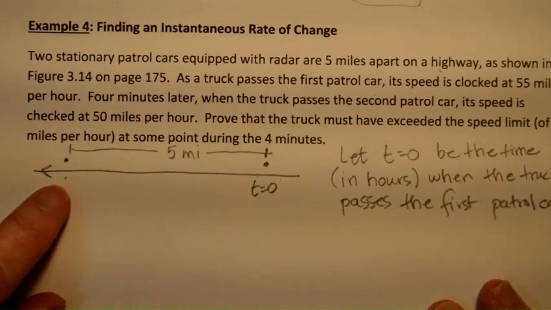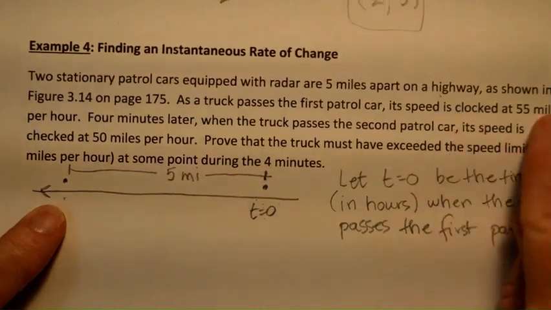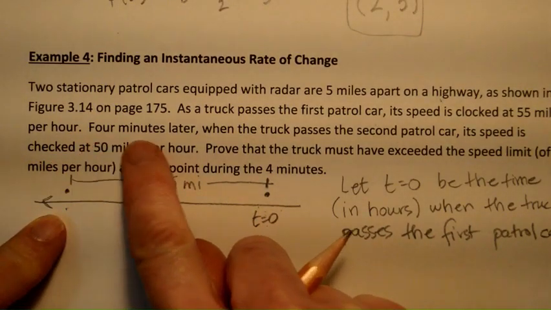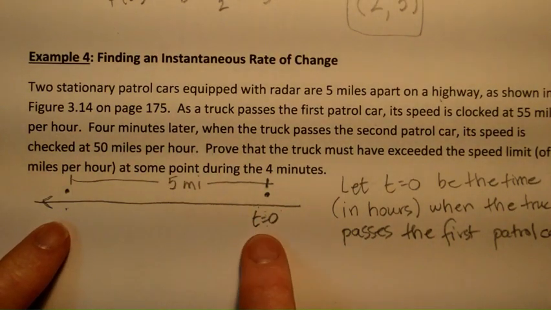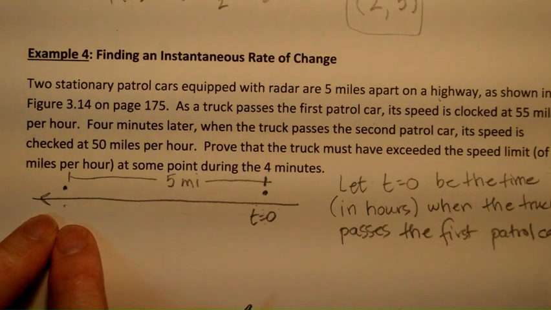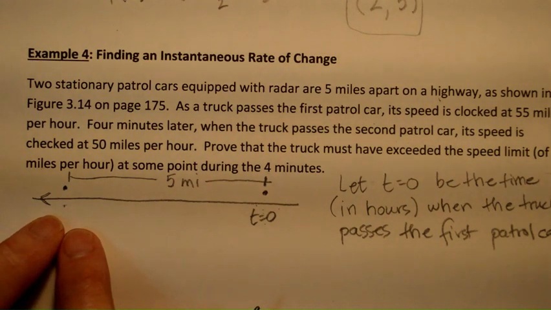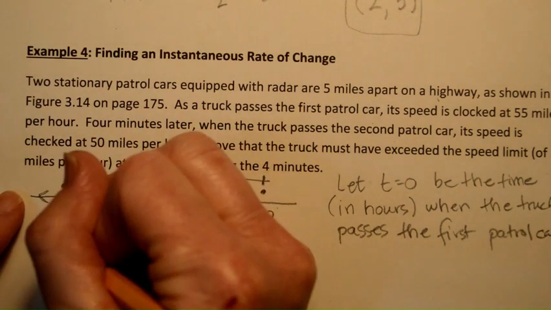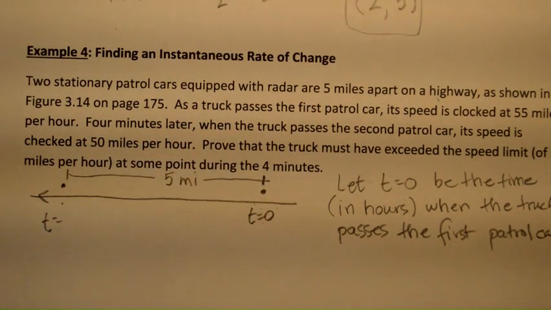We need to figure out time in hours, because this is miles per hour. Otherwise, this would be completely different if we measured in minutes. It tells us that 4 minutes later is when it's passing the second patrol car. So what is the time at this point? Think about that for a second.